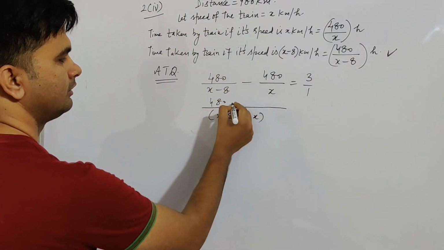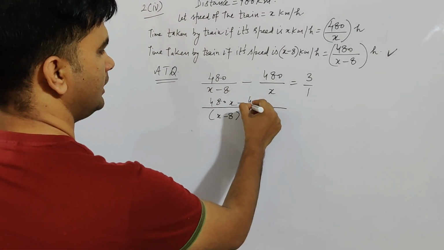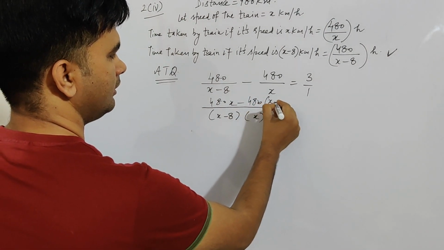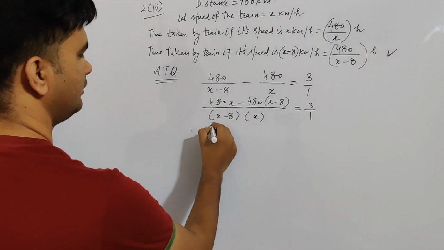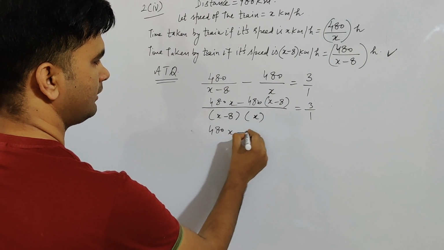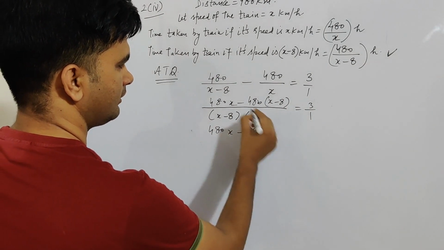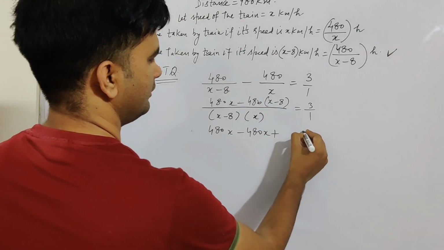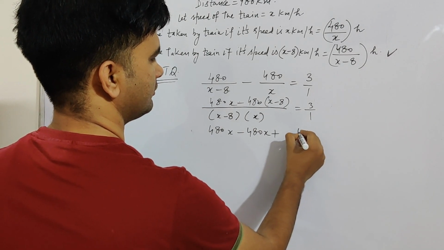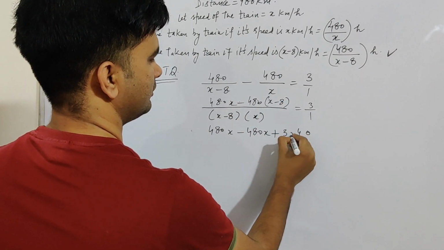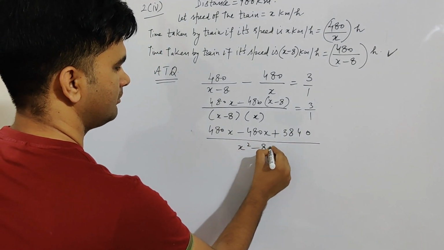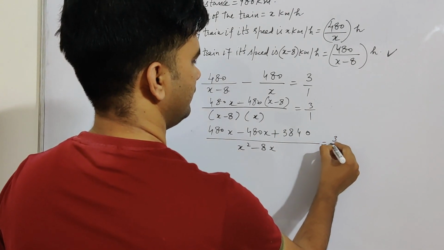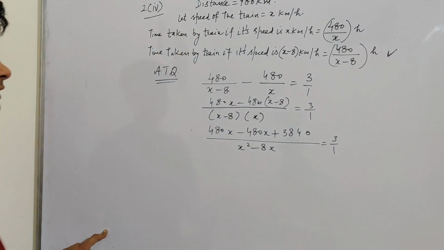480 into x minus 480 into x minus 8 is equal to 3 by 1. 480x minus 480x, minus minus plus, 3840, and on the denominator it will become x square minus 8x, is equal to 3 by 1. 480x cancel.